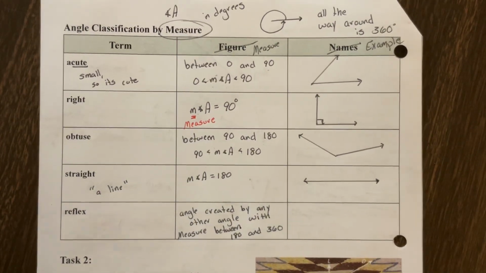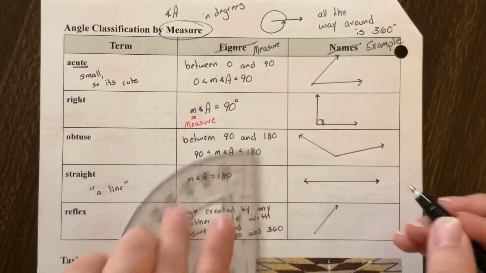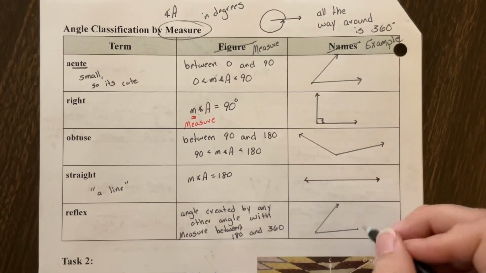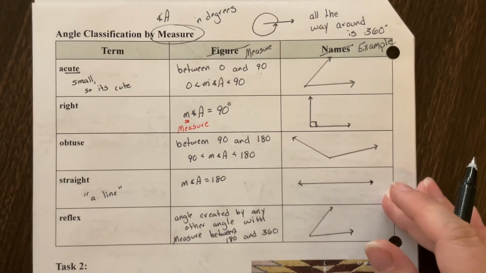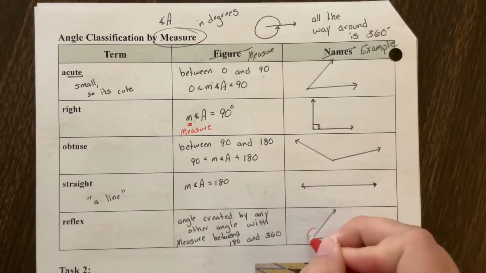Okay, so what a reflex angle looks like. I'm going to go ahead and draw an acute angle here. Okay, so here's my acute angle. The reflex angle would be this one here.